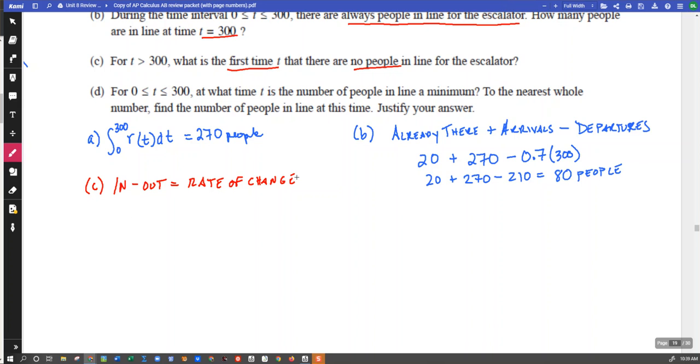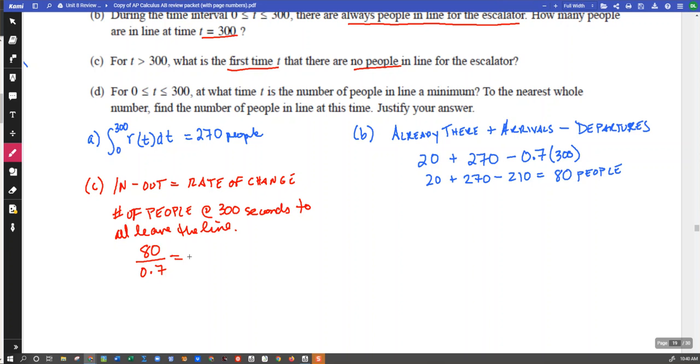So in actuality, we need the number of people at 300 seconds to all leave the line. That's 80 people, and they're leaving at a rate of 0.7 people per second. So 80 divided by 0.7 people per second.